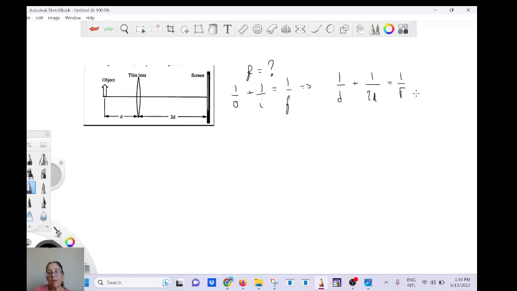And then you solve for f, right? So multiply by 2 here, so you have a common denominator. So 2 plus 1 is 3 over 2d equals 1 over f. So the focal length in that case is 2d over 3.